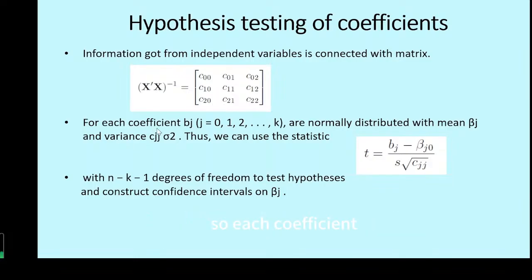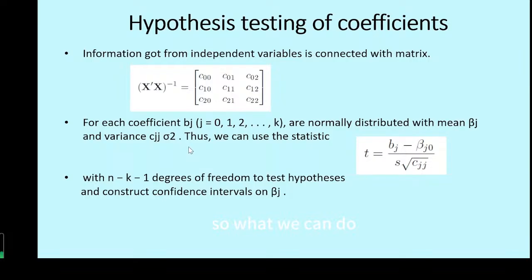So each coefficient theoretically follows a normal distribution with the beta j real value, and this is the variance. But we never know this one, and we never know the variance of the epsilon, sigma square.